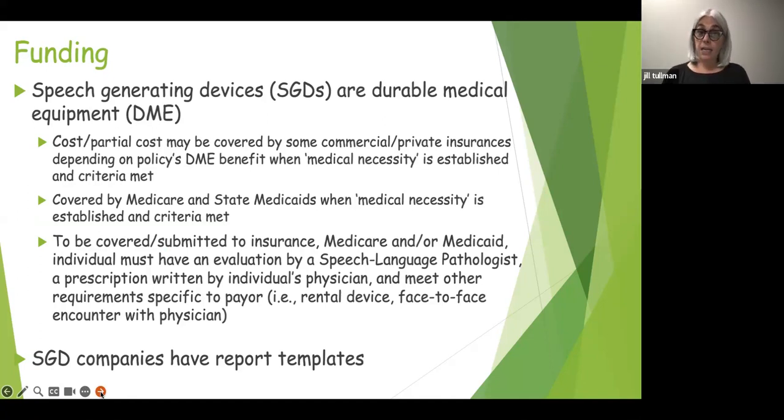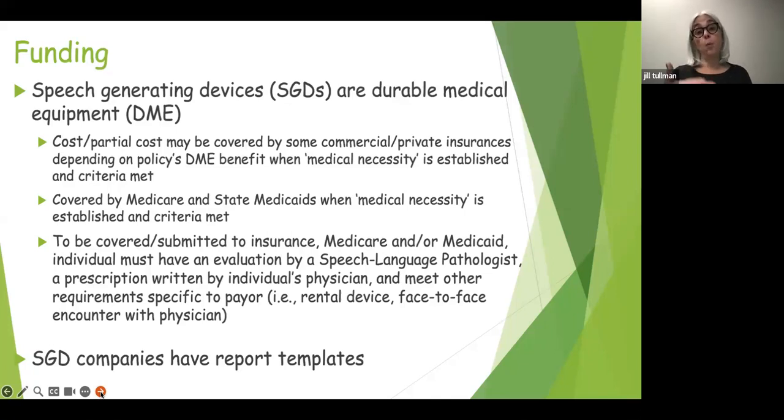Speech generating devices are considered durable medical equipment. Because of that, the cost or partial cost may be covered by some private or commercial health insurance, depending on the family and individual's durable medical equipment benefit within their insurance plan.